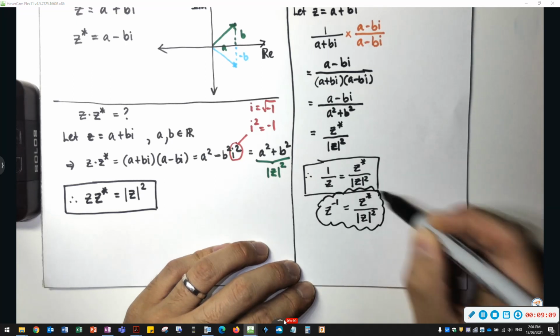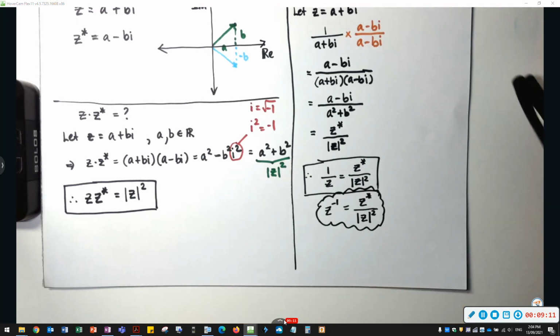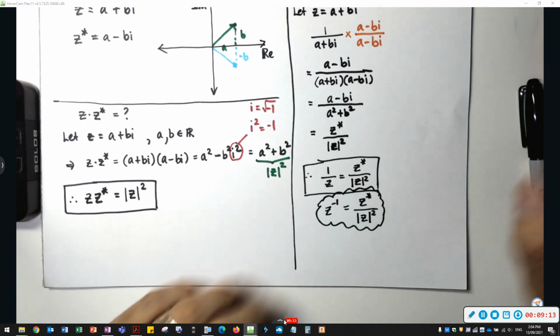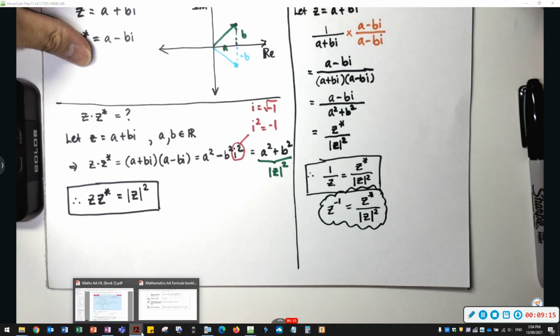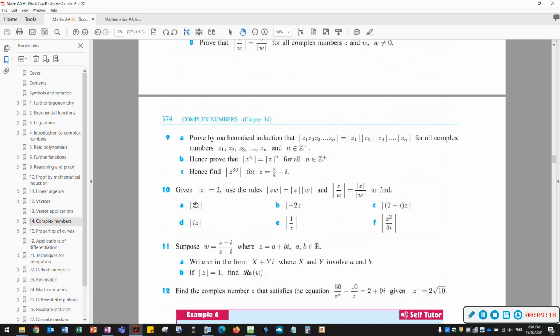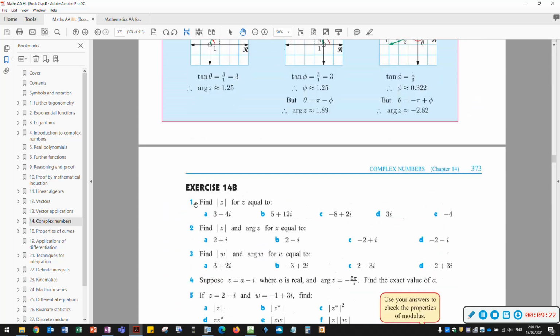Alright, let's now have a look at a proof question. In your textbook, it has a summary of some properties that they'd like you to go through after you've done some exercises.